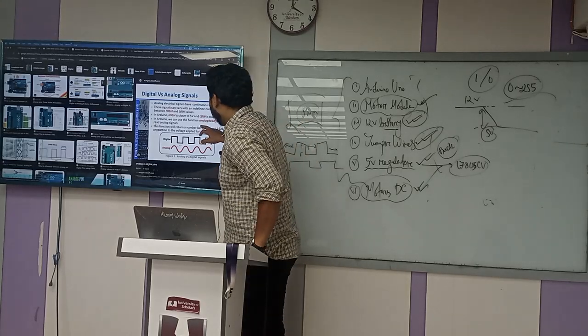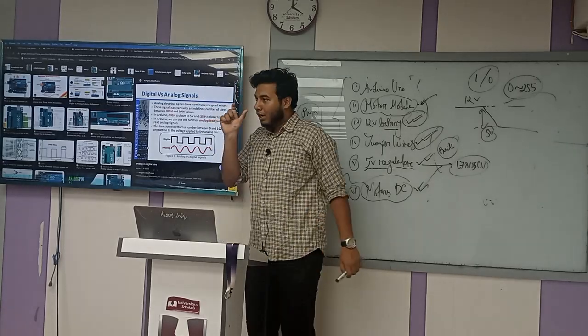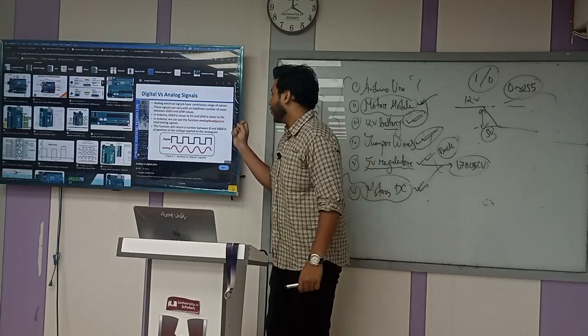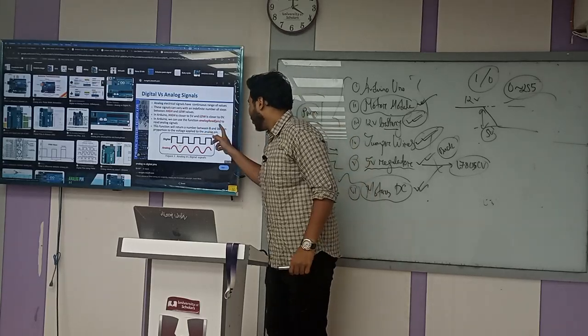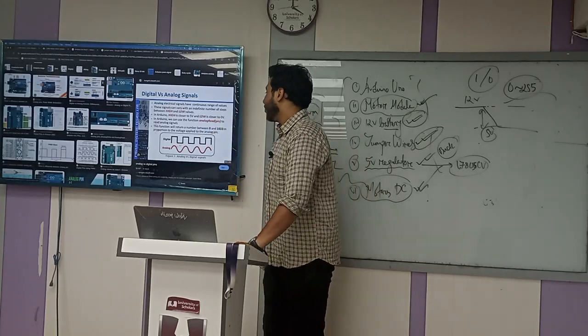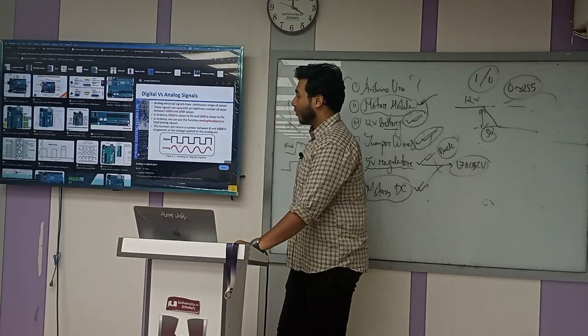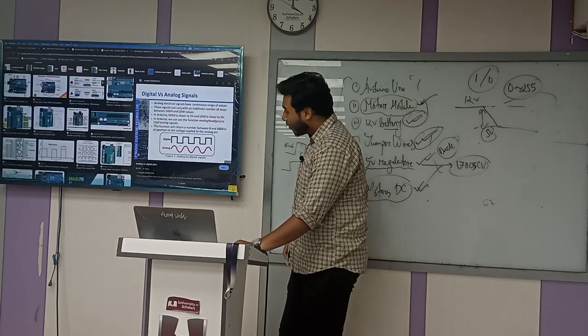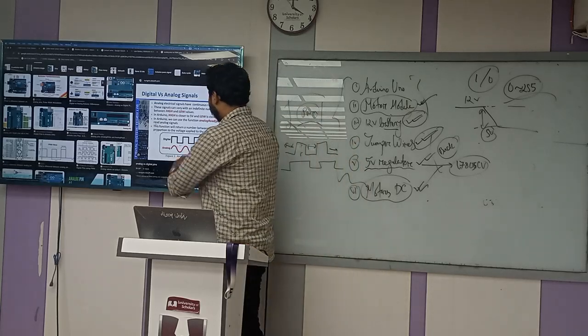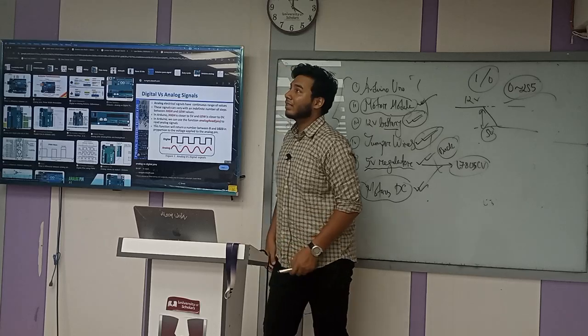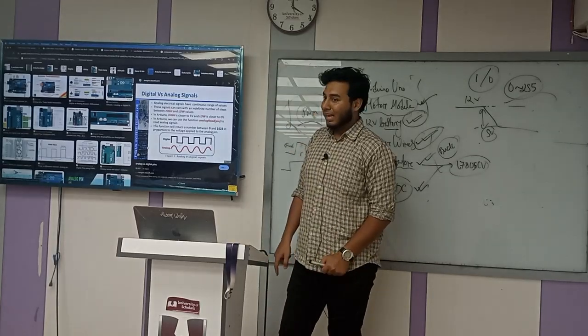Now, if you call analog read pin in coding sections, what you will get? In the read, you will get a value from 0 to 1023. So that's the analog portion. There are 1024 values in the analog.